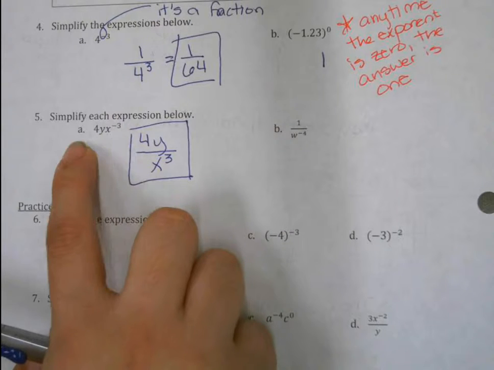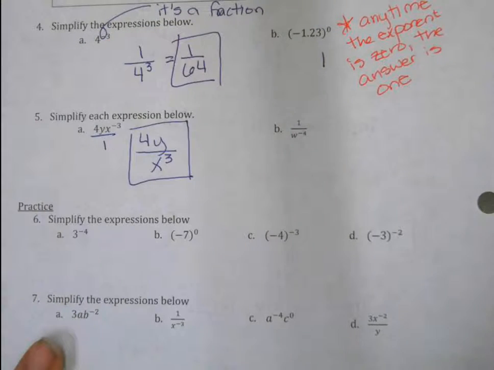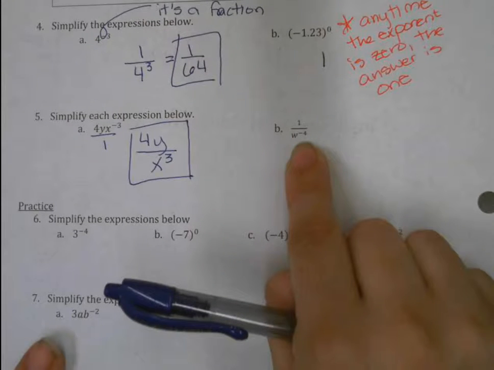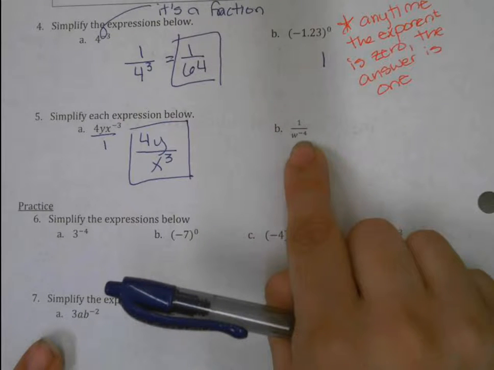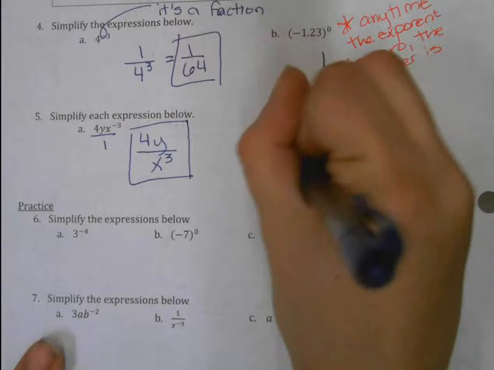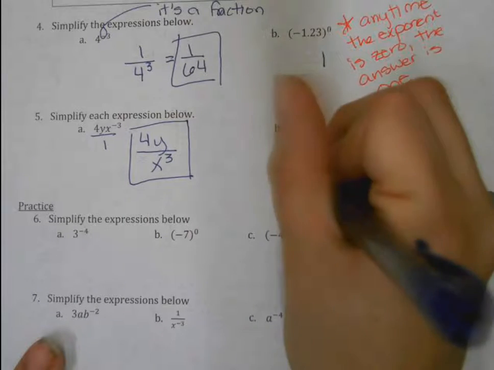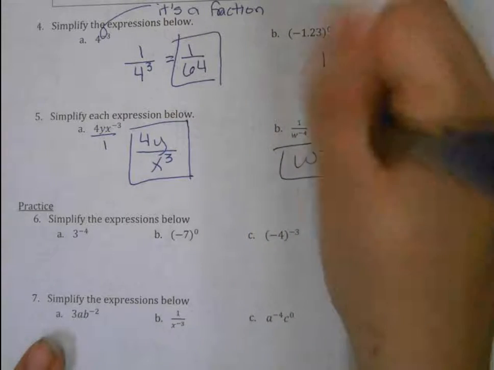Because if I wanted to, it'd be over an imaginary 1. What do you think I'm going to do on this one? It's not on the top. It's on the bottom, so I move it to the top. So then it's just going to be regular W to the 4.